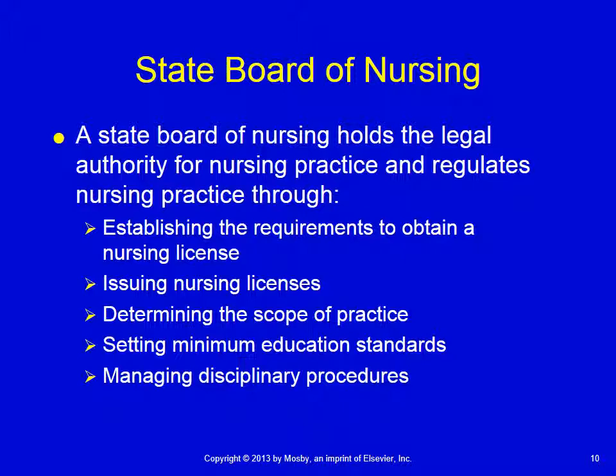So the State Board of Nursing is responsible for establishing the requirements for the person to obtain a license. They issue nursing licenses. They determine the scope of practice. They set the minimum education standards for nursing, and they manage any disciplinary procedures that are brought up against a licensed professional.